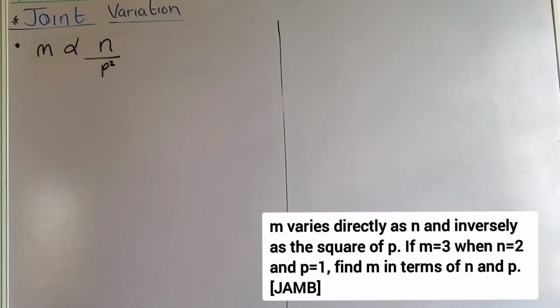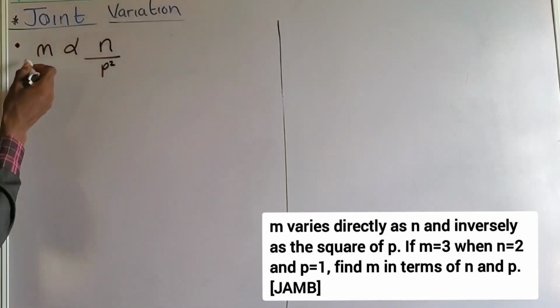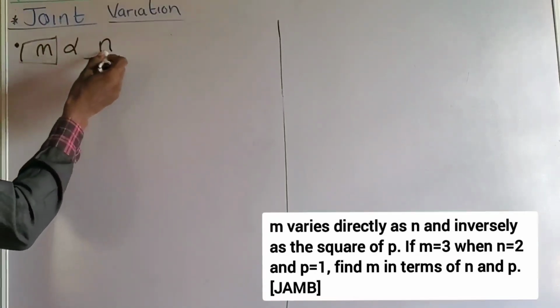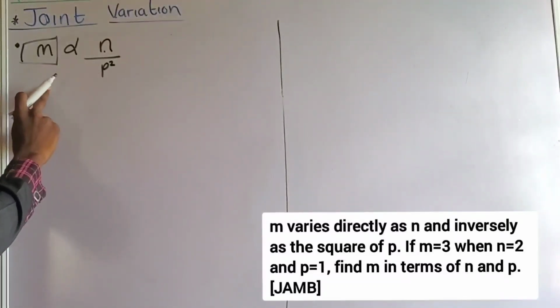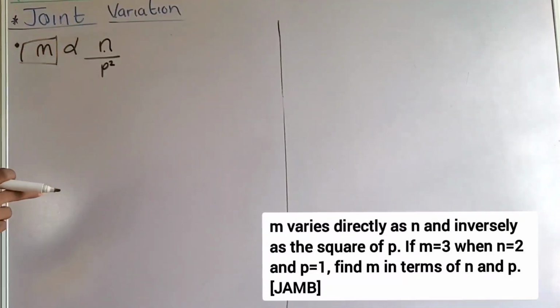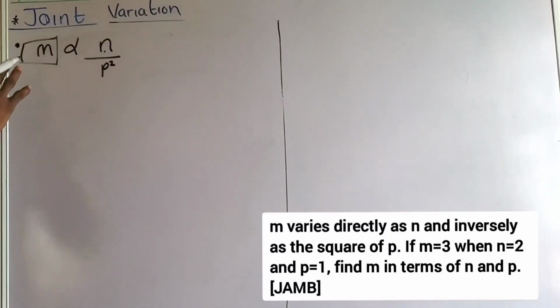You can see in the question, this variable m depends on n and it also depends on p. This kind of variation is what we call joint variation. I told you that you have to understand direct variation and indirect or inverse variation.